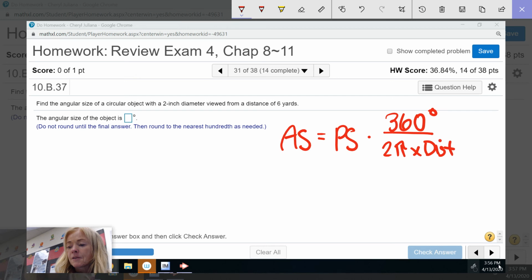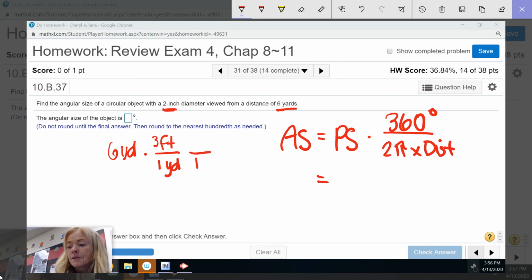We are looking for angular size. So our physical size, we have a little problem here, don't we? We have 2 inches and 6 yards. They're not in the same units. So we'll just put them all in inches. 6 yards times, we need 1 yard on the bottom, and that is 3 feet.